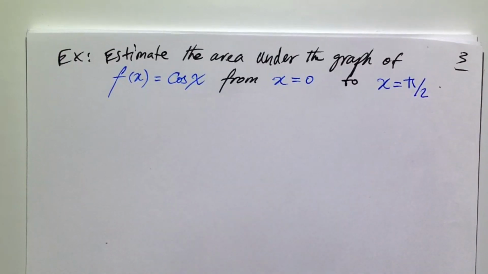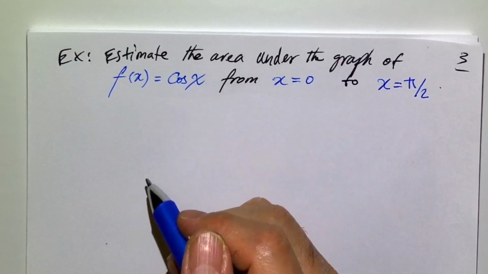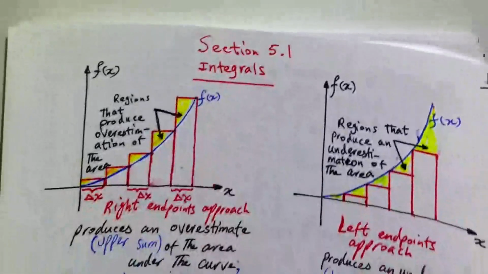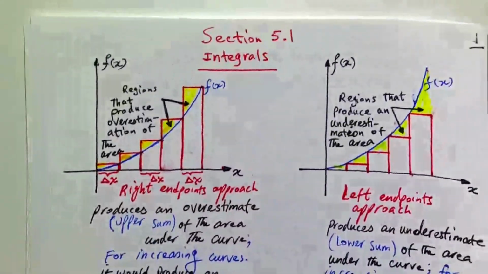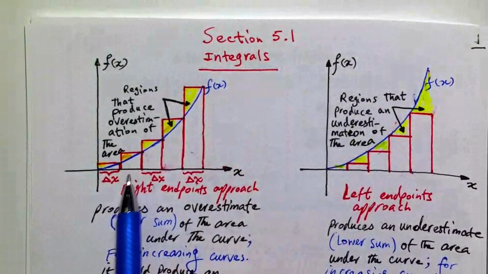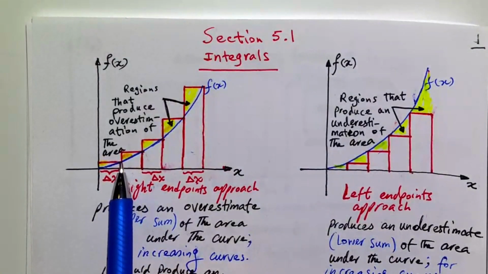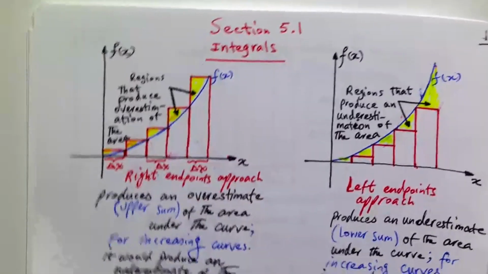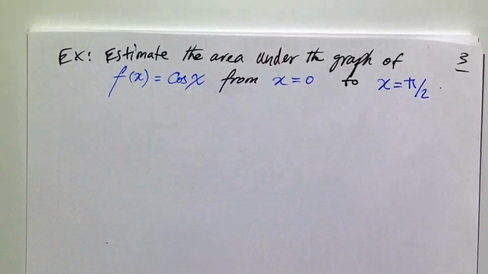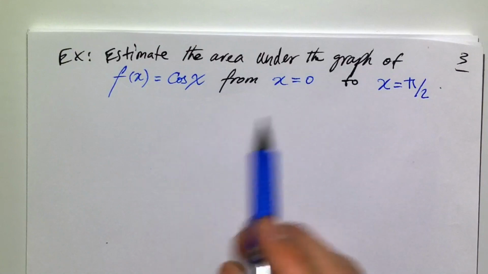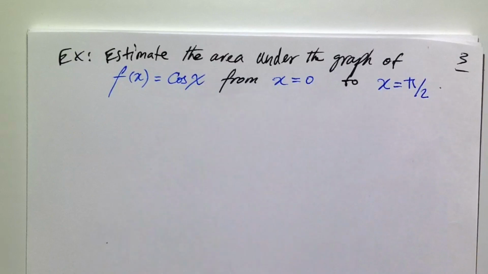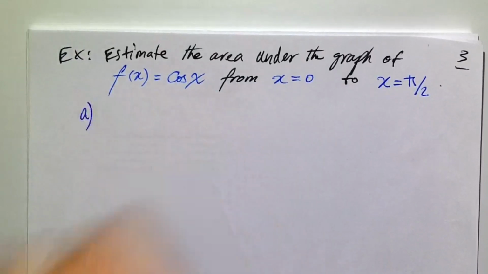Okay. Let's first use the right endpoint approach, right? We're going to use this method, such that the right endpoint of each rectangle is on the curve. Okay, under the graph, with one exception, of course, I'll get to it in a second, and you'll see what I mean.